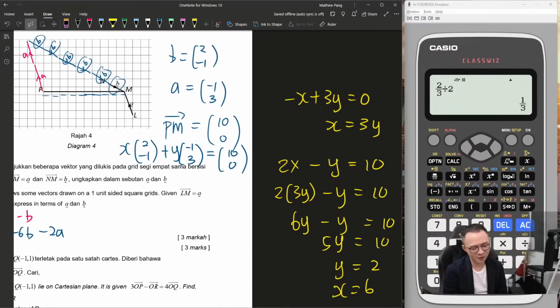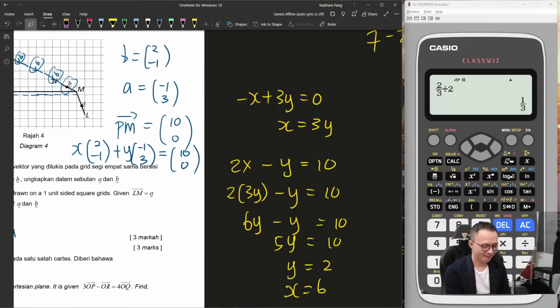If I do the simultaneous, I'm not sure which part I actually got wrong. Because I literally get something like 6b plus 2a, but in fact I should get negative, right? Negative x plus 3y equals to this thing. Is it negative 10?